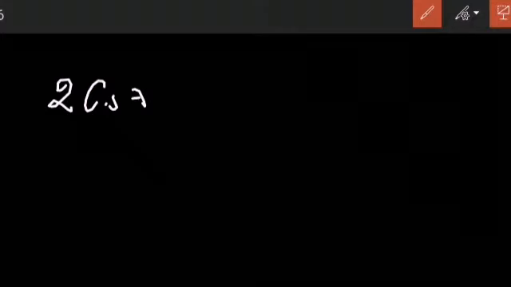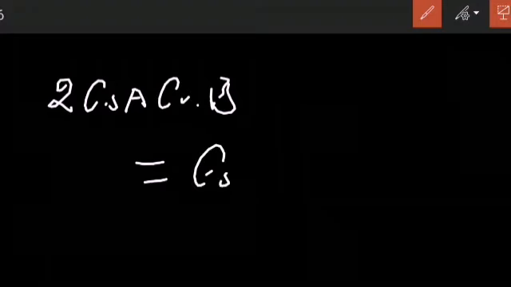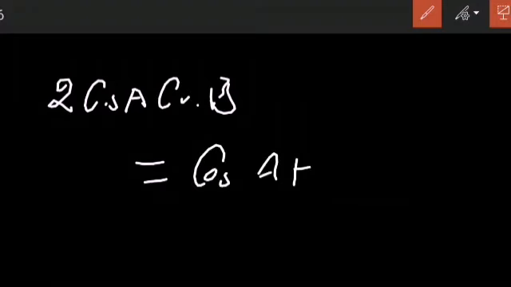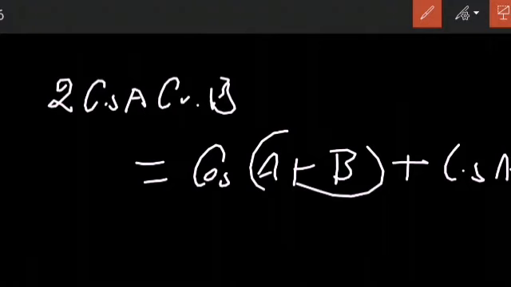Let me write the formula: 2 cos a cos b is equal to cos (a plus b) plus cos (a minus b). This formula we have to use.